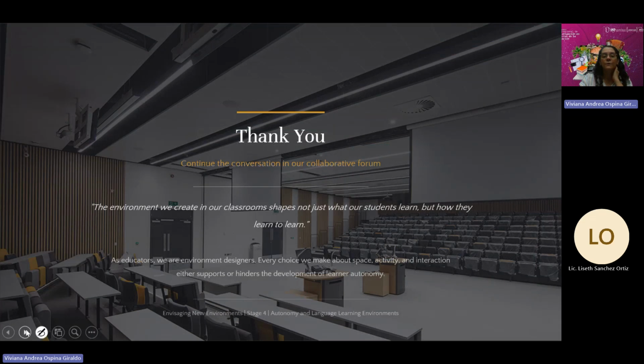Okay, so here I have this quote for you, and it says: the environment we create in our classroom shapes not just what our students learn, but how they learn to learn. And here we go back to metacognitive ability. How do I learn? We learn to learn.